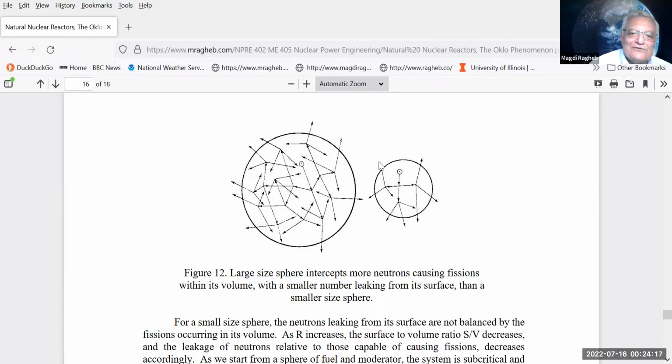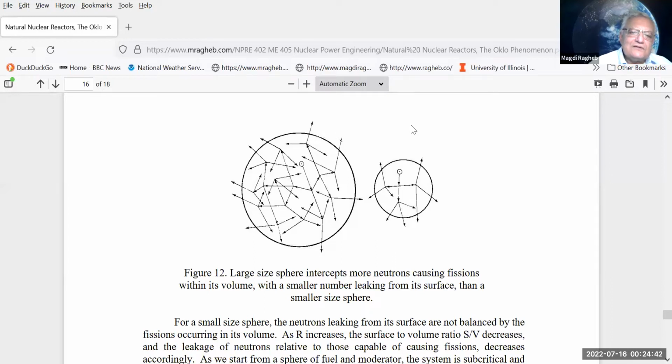Why? Many of the neutrons that would otherwise have escaped would be reacting inside the medium itself. And that's why at some point you reach that critical mass by adjusting the nuclear reactions in the volume to the surface at which the neutrons are leaking from the system in general.